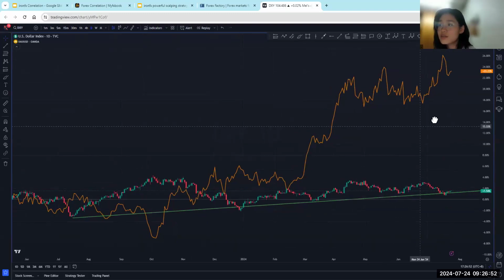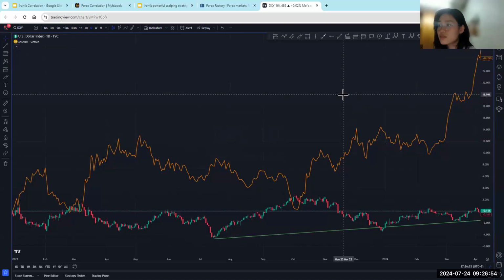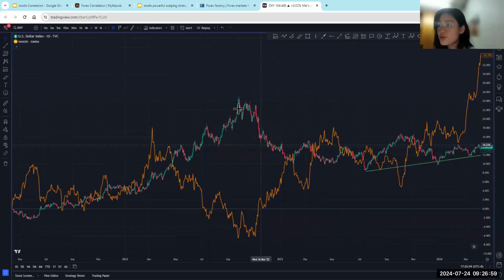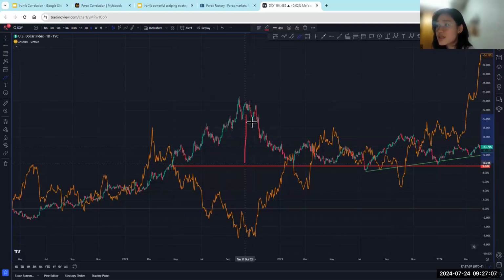But you can see that sometimes, for example over here, it is pretty proportional, in the sense that price increases this much on our DXY, whereas on our gold price decreases that same amount.